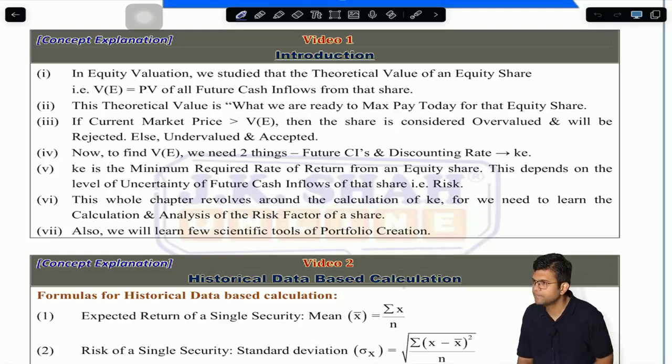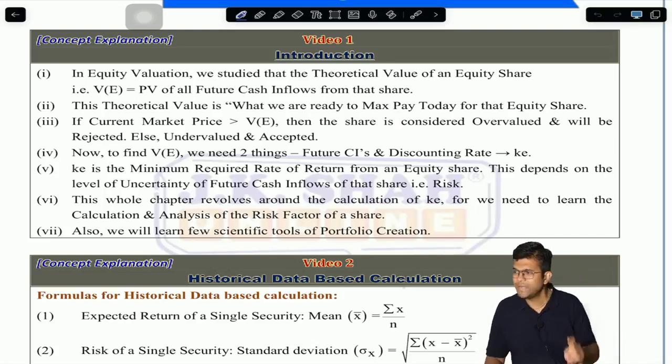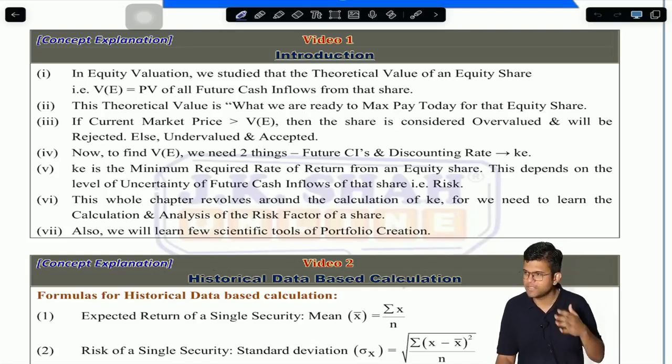You're done? And as you are writing, you're understanding what you're writing, no? Point 7 is also there, some few scientific tools of portfolio creation. That is okay. But apart from that, the main first 6 points you understood, no?